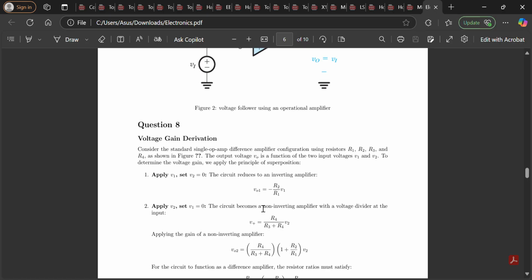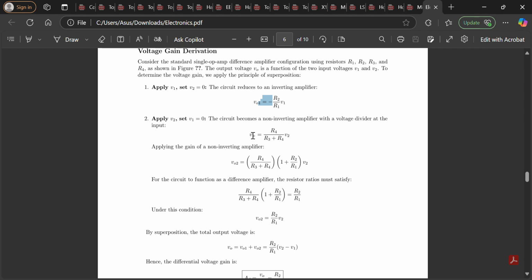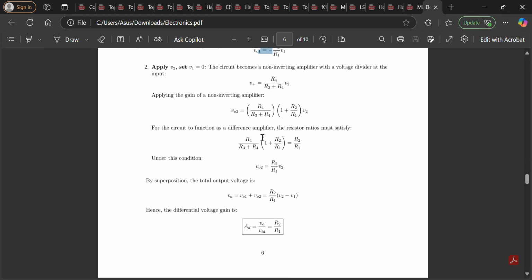So the circuit reduces to an inverting amplifier with this equation. Apply V2 and set V1 to 0, and the circuit becomes a non-inverting amplifier with a voltage divider at the input. Applying the gain of the non-inverting amplifier.